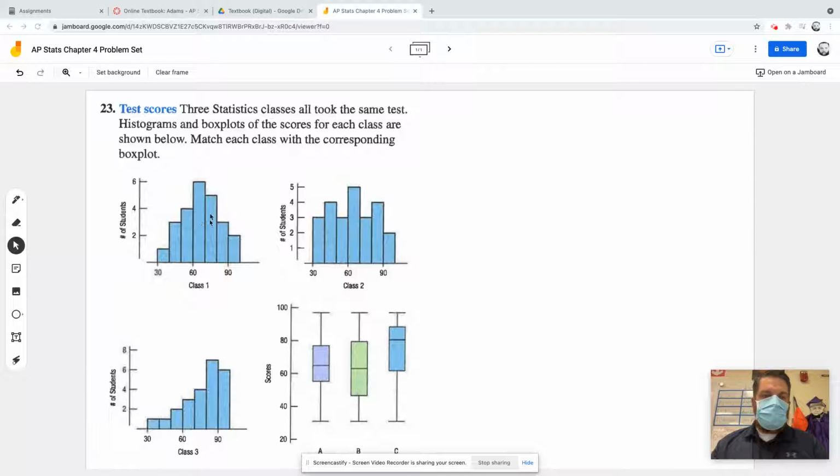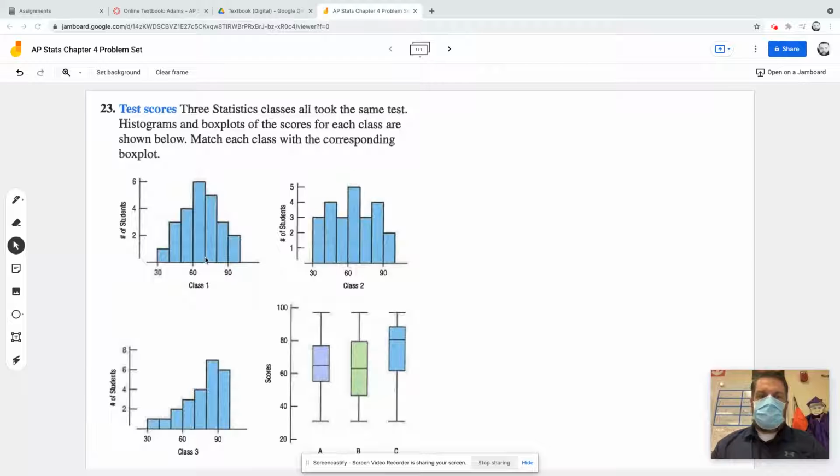So what I want to do is look for the center on this one. This is symmetrical. The center's right here, and I'm guessing this is 30 to 40, 40 to 50, 50 to 60, 60 to 70, and then 70 to 80, and so on.